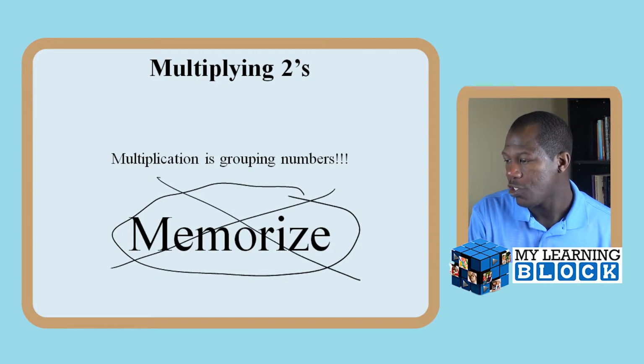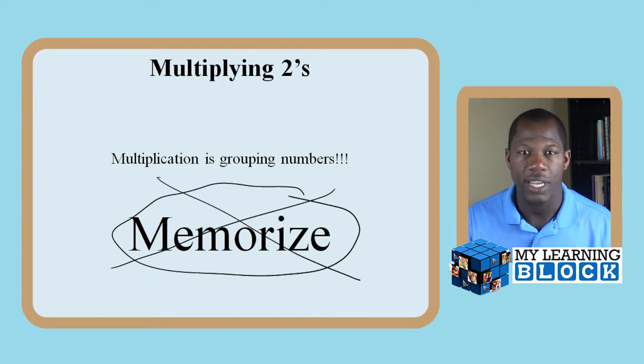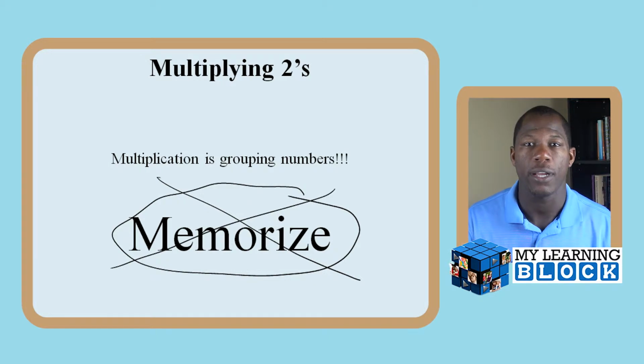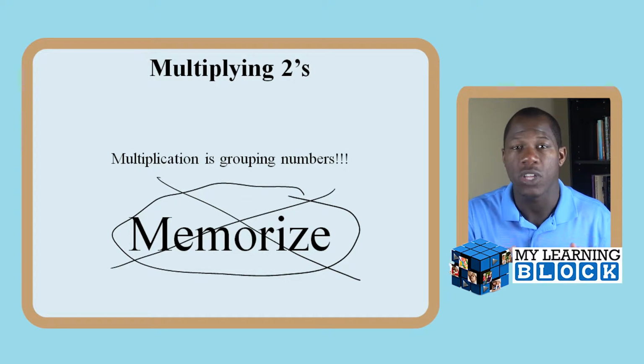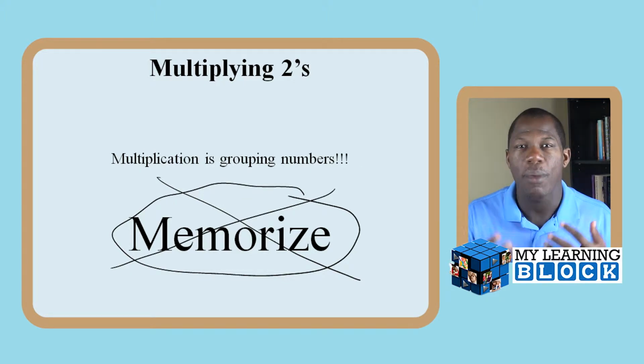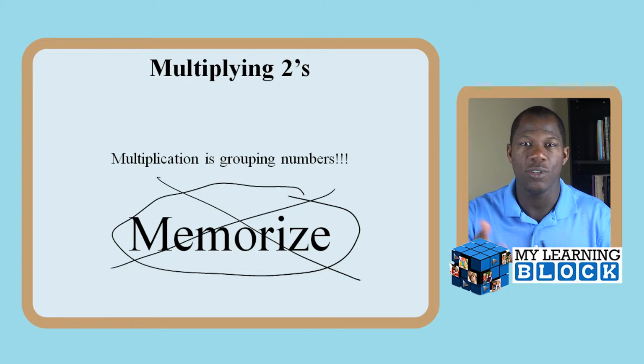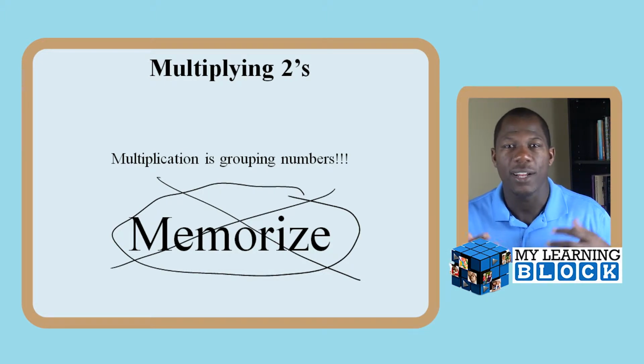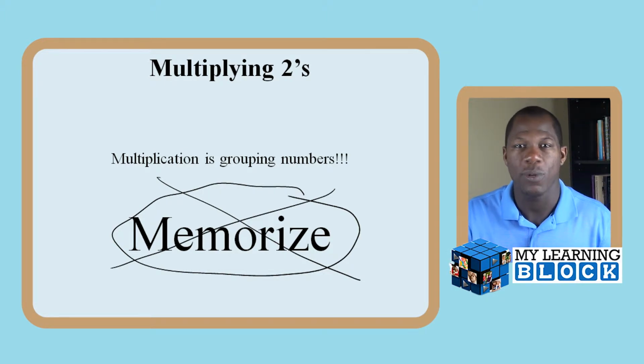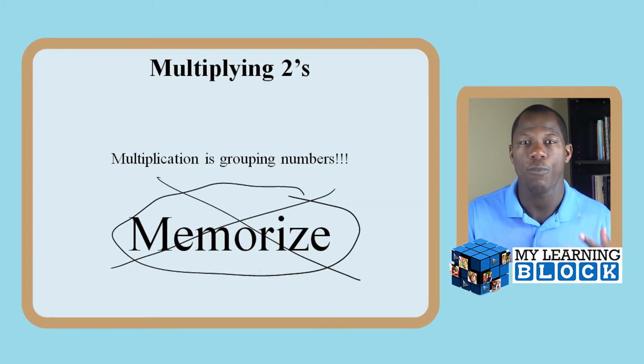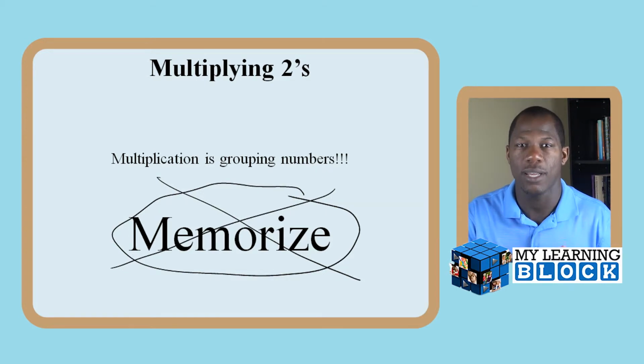Don't do it. Memorization is not going to help here. What your child needs to understand are strategies in order to make multiplying numbers a lot easier. Rote memorization is only going to get you so far. What you want to do is understand what you're doing, understand concepts and procedures. You don't want to simply memorize.